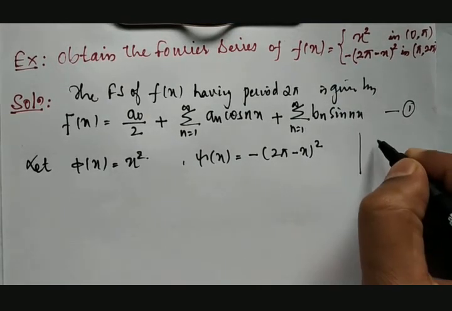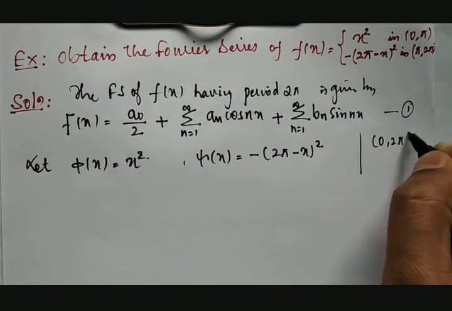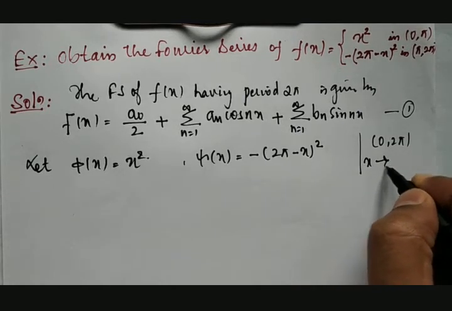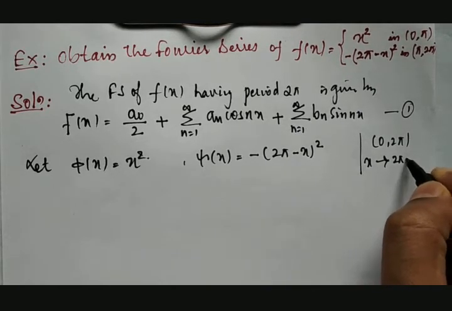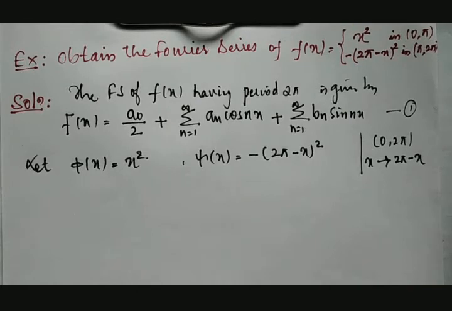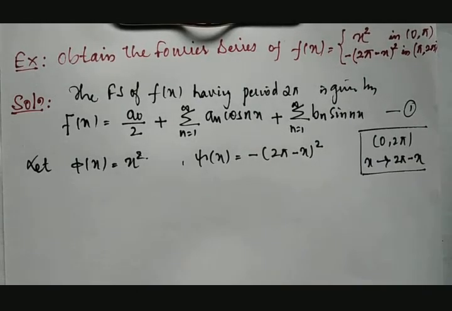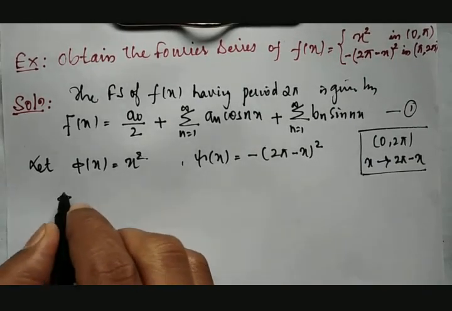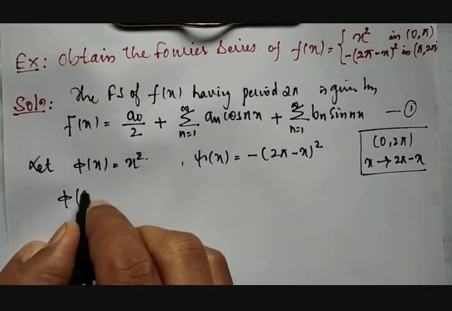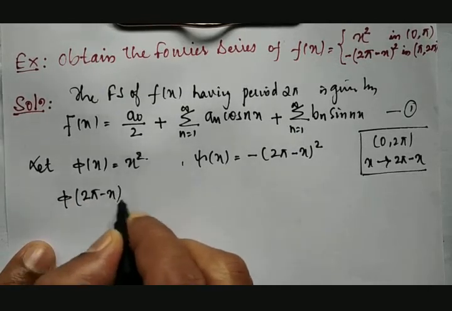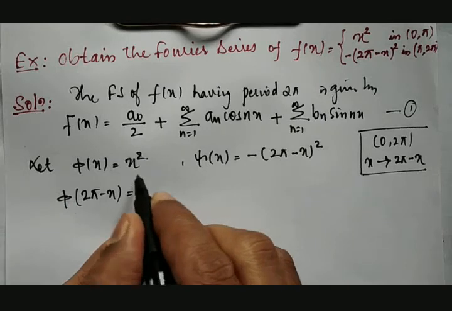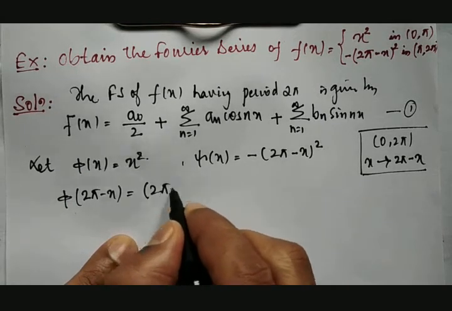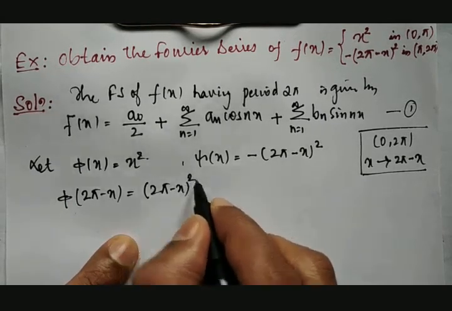Since the given range is between 0 to 2 pi, x is going to be replaced by 2 pi minus x. Therefore, phi of x is going to be replaced by 2 pi minus x the whole square.